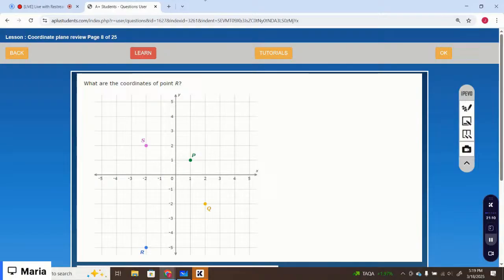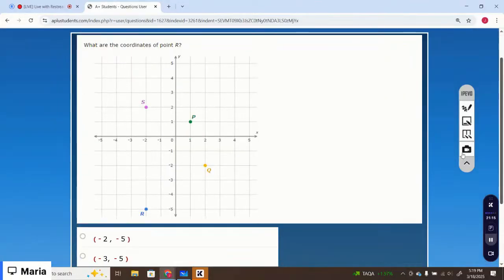Here is R. R has the coordinates x is -2, y is -5. So option number 1 is the correct option.